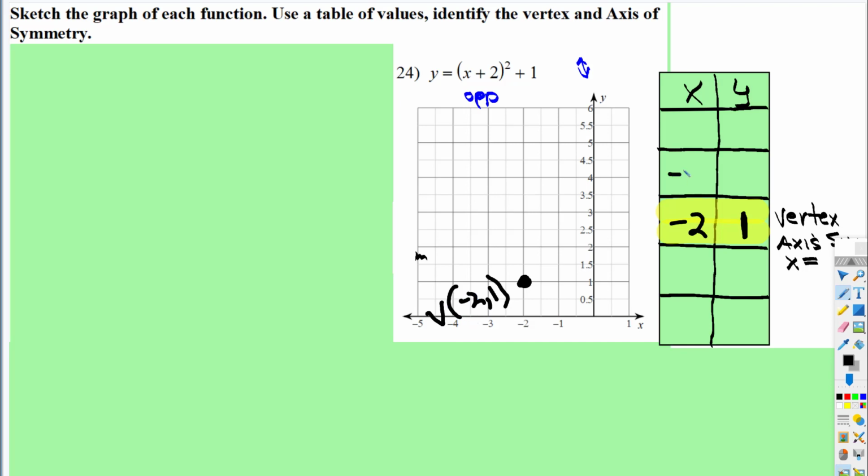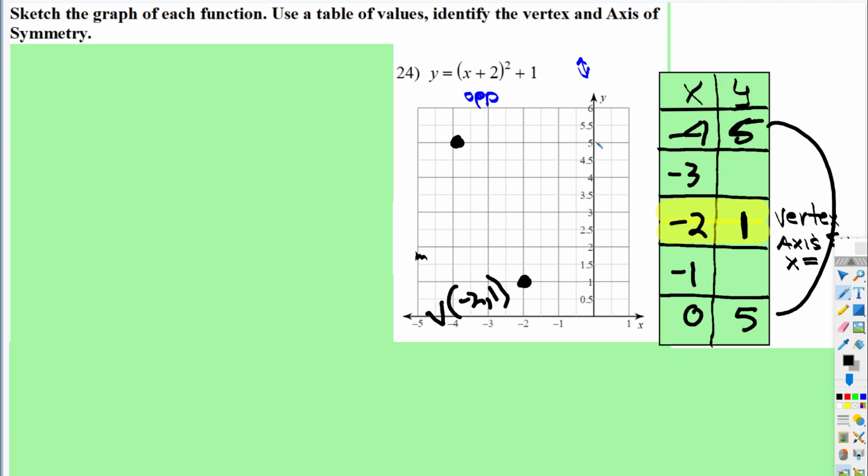And then I'm going to choose 2 x values to the left, 2 x values to the right. And I'm going to plug in 0. 0 plus 2 is 2. 2 squared is 4. 4 plus 1 is 5. And remember, these two will be the same. So at -4, we go up to 5.